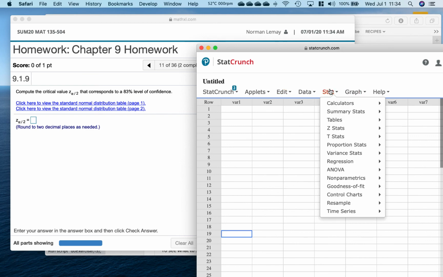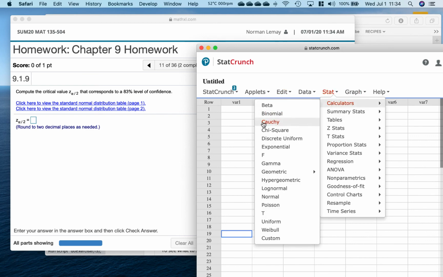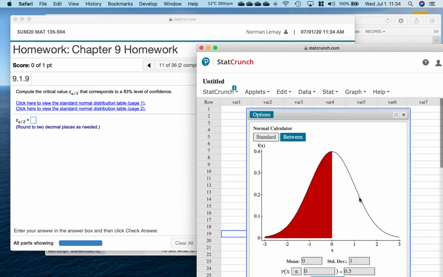I'm going to come over to stat, calculators, and choose normal, since this is asking for a z-score. We just have to keep some little computations in the back of our head. Alpha is 1 minus the confidence level, which I discussed in the video.